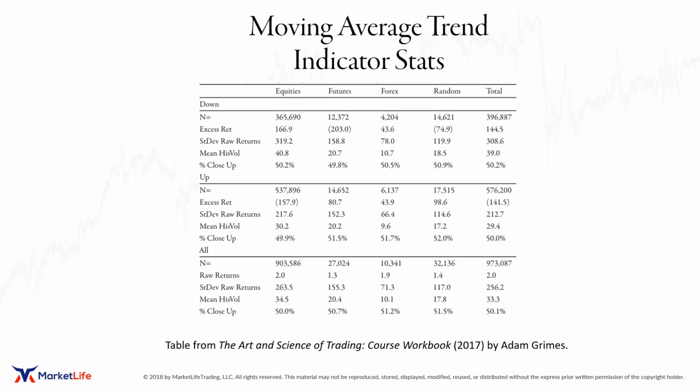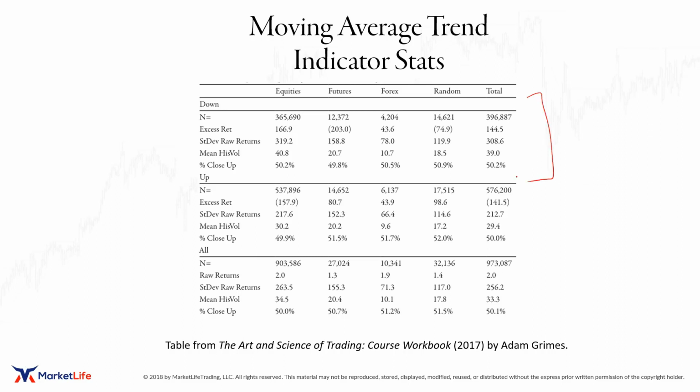Back to the idea of looking at the moving average slope as an indicator of trend. That's what I'm showing you here. So this takes a large sample of stocks. You can find more about it in one of my books. A large sample of stocks, futures, and currencies, and then some randomly generated price data, and says, okay, what happens if we take all of the days in which the moving average slopes down?